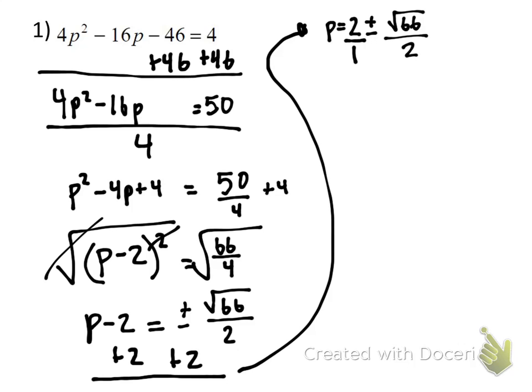So what you want to do is change this 1 to be a 2. It's really simple. Since it's a 1 here, we just multiply 2 with 2 here, and we get 4. So p is really equal to 4 plus or minus the square root of 66 all over 2. Okay, and that's your first example.